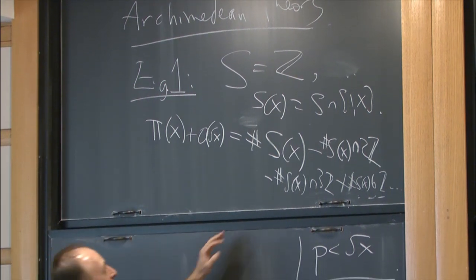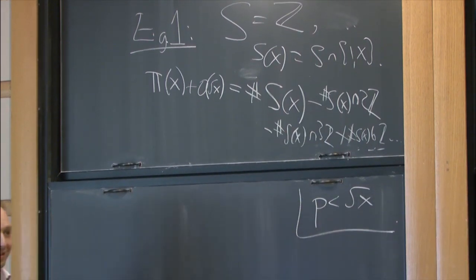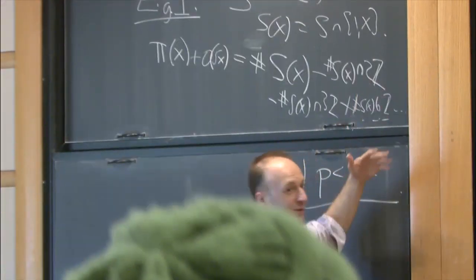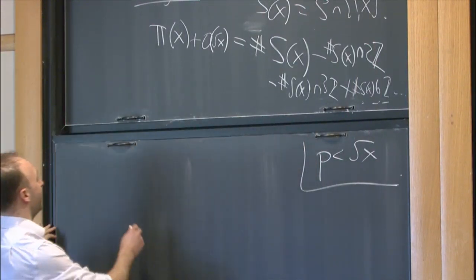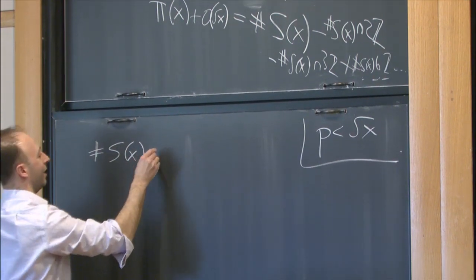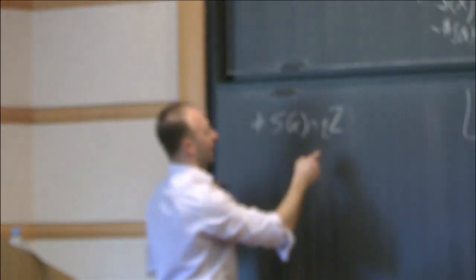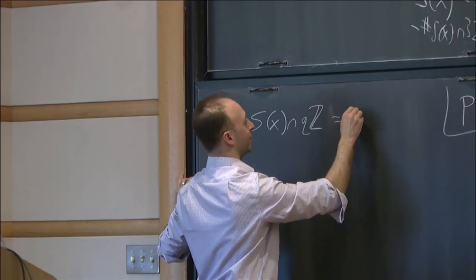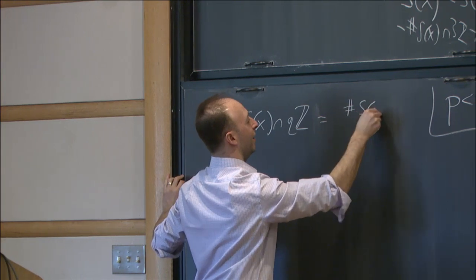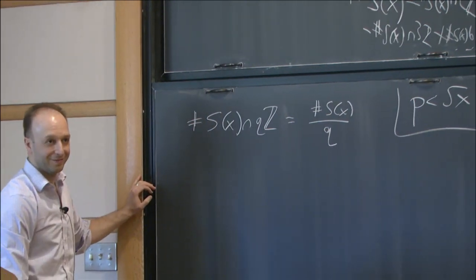And how would you get at this estimate? Well, how many numbers? Remember, S is integers. So how many integers are there up to x? Well, there's x. How many even integers up to x? Well, x over 2. And how many? So this will be kind of the key point: the number of integers in some progression up to x is just the total number divided by the modulus.